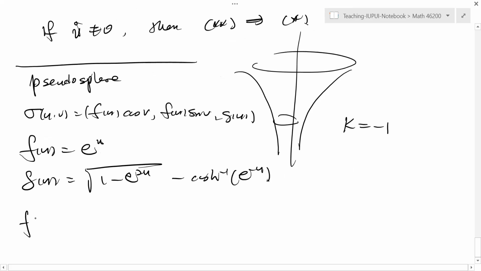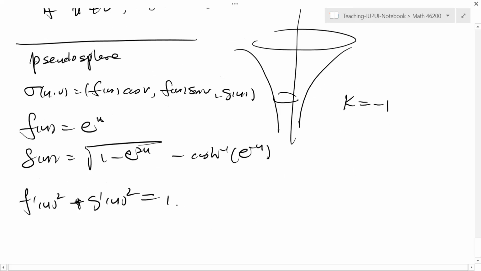You can check that it's always equal to 1. It's not easy to solve for g if f is given.